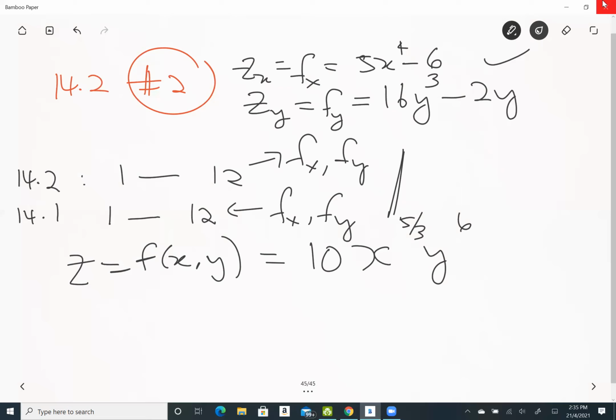So now you remember they are multiplicative, so you treat the variable as a constant, just like the number 10 there. So I want you to try this. Do the partial derivative with respect to x, and then do the partial derivative with respect to y.